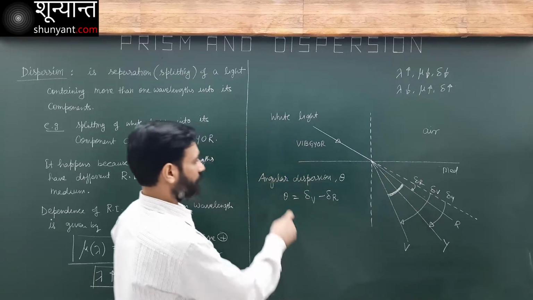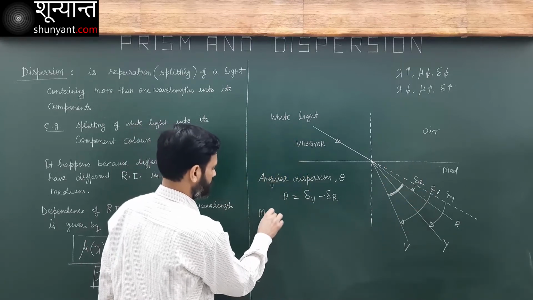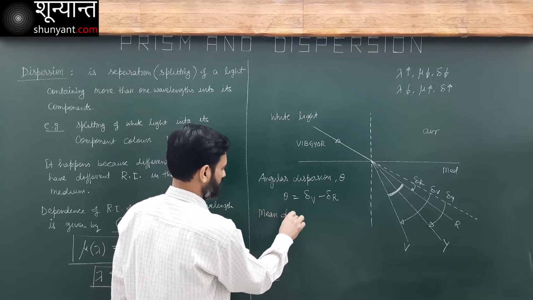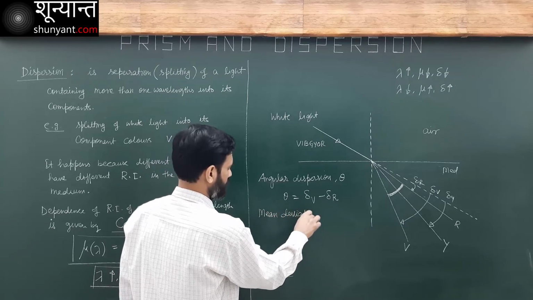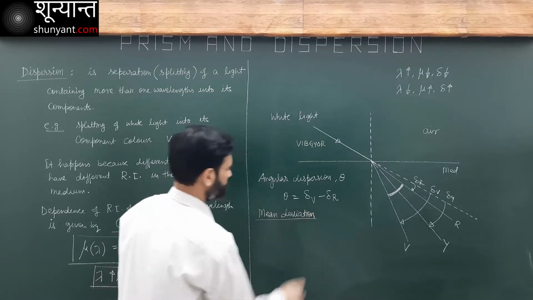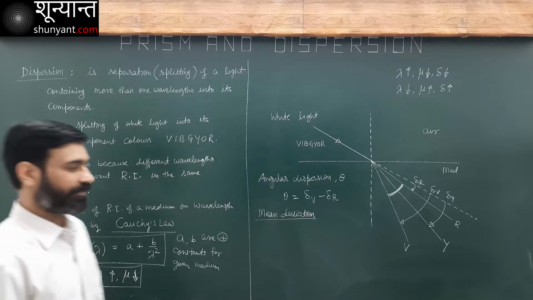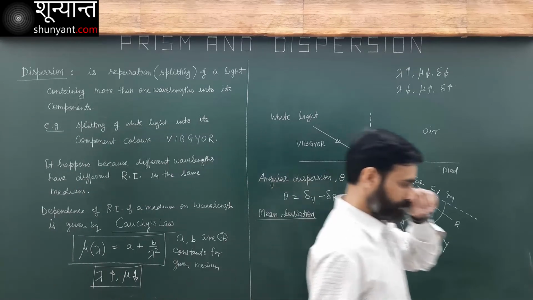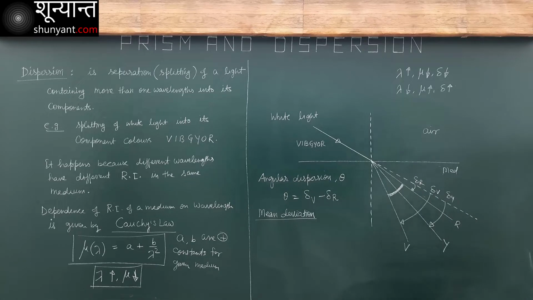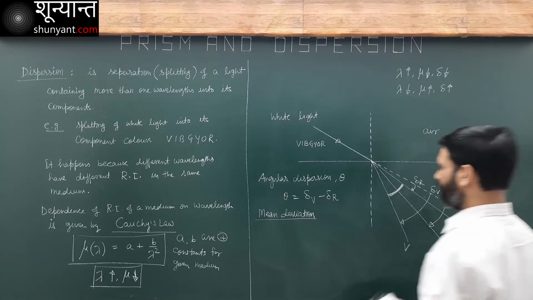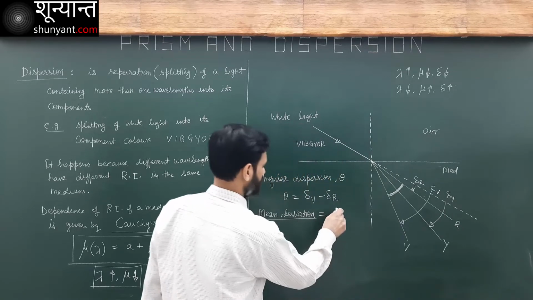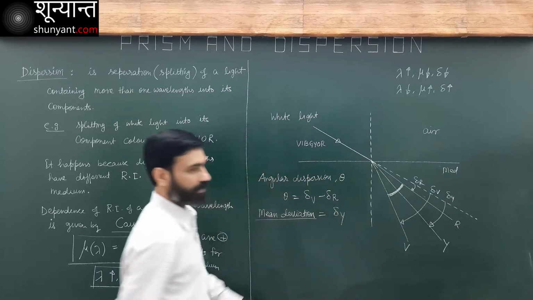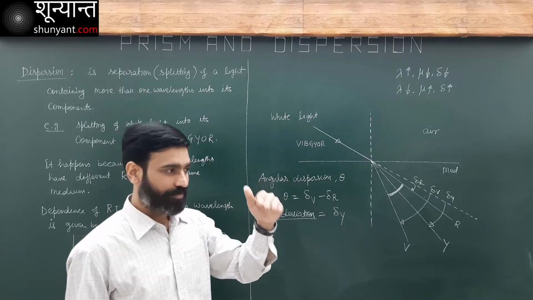Now mean deviation. What is mean deviation? Mean deviation is equal to delta Y. Different colors are going to have different deviations.